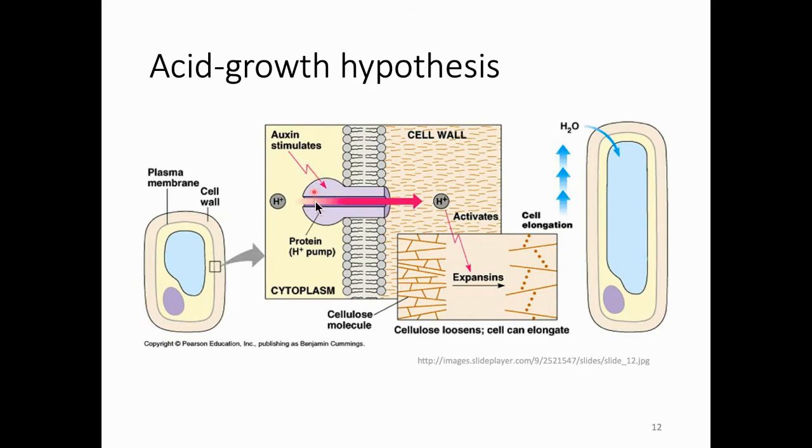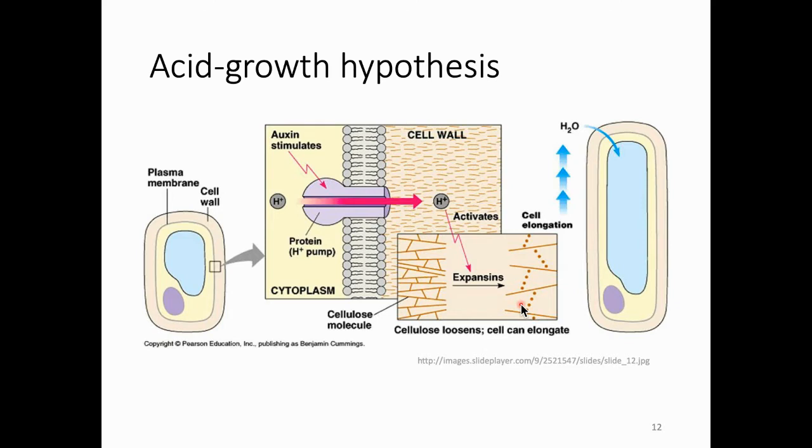Auxin stimulates the proton pump to pump more protons into the cell wall, and expansin, an enzyme that loosens the cell wall or cellulose microfibril, loves protons. So auxin gives what expansin likes, and expansin will loosen the cellulose microfibril.